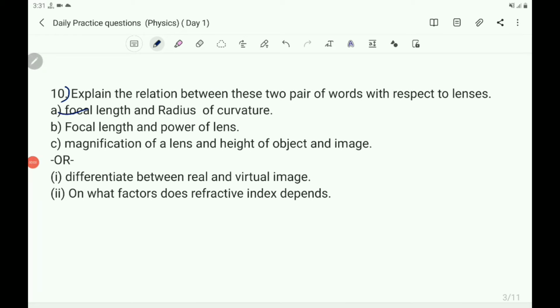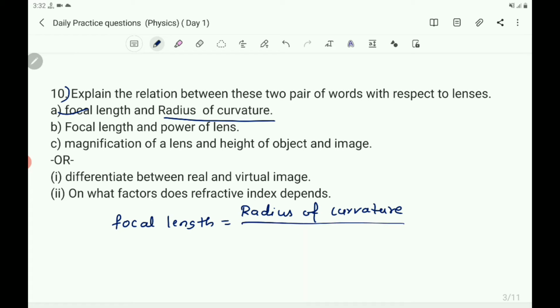Focal length and radius of curvature. You know that focal length is the half of the radius of curvature, or radius of curvature is the double of the focal length. So you write focal length equals radius of curvature divided by 2.